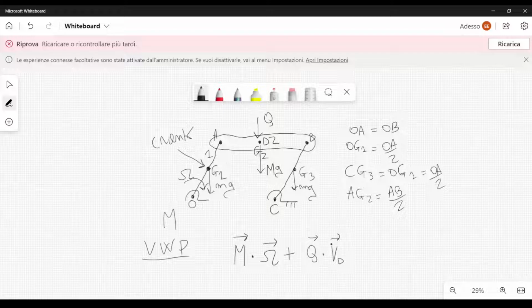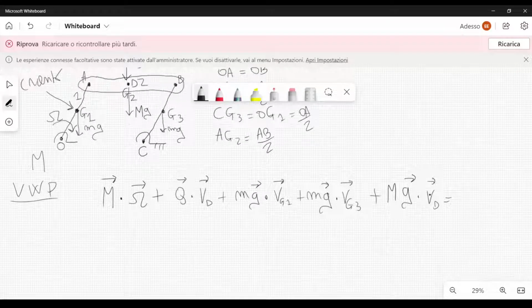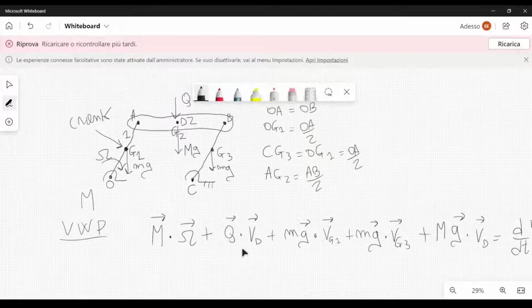So vD or vG2, plus then we have mg dot product vG1 plus mg dot product vG3, and then we have capital M g dot product vD, and according to the virtual work principle, this is simply the derivative with respect to time of the kinetic energy that I'm going to call capital T. And by the way, we are going to assume that omega, the angular velocity omega, is a constant.